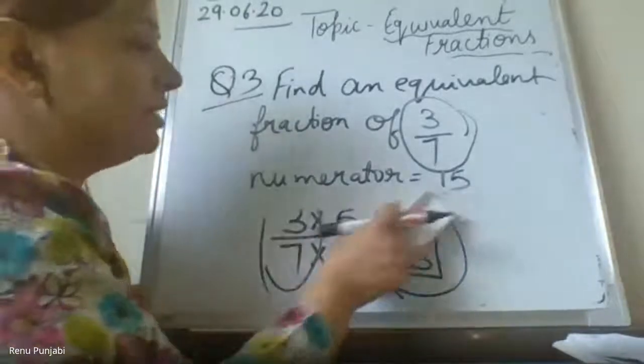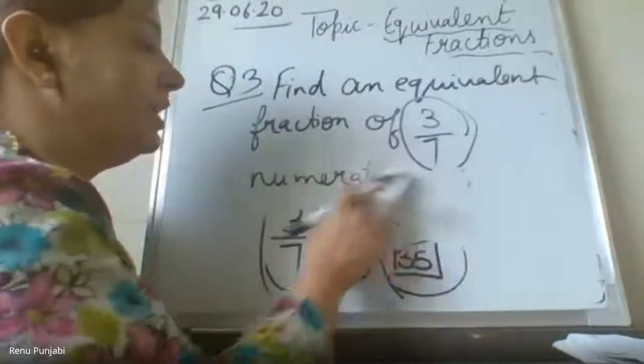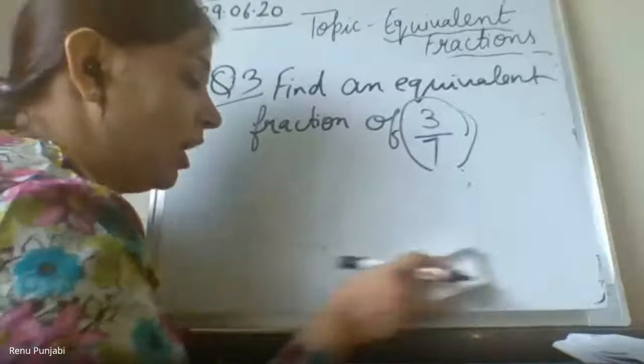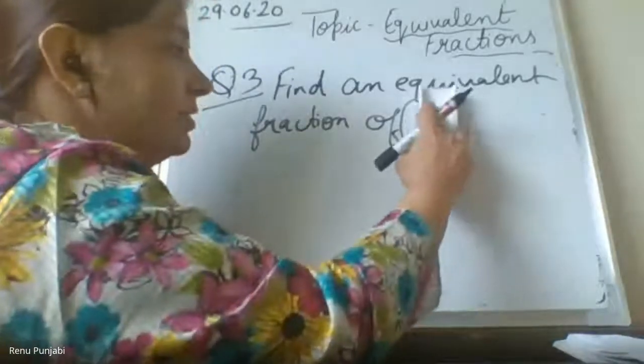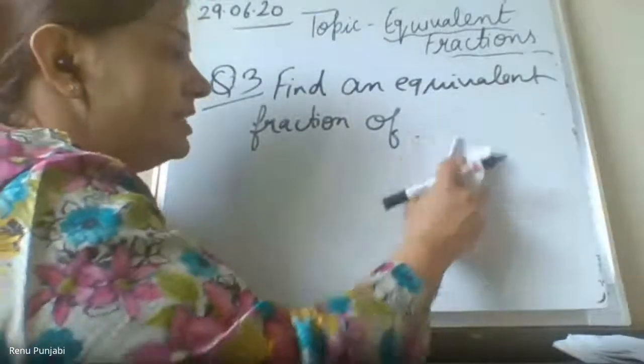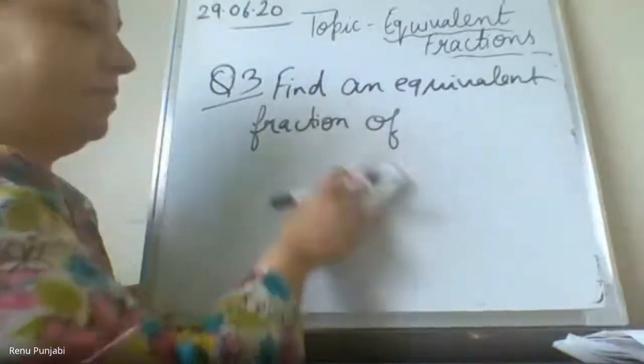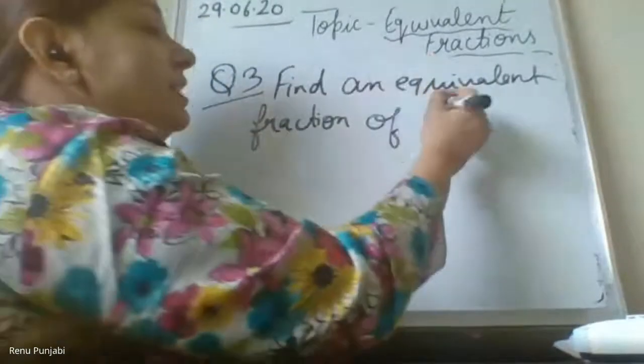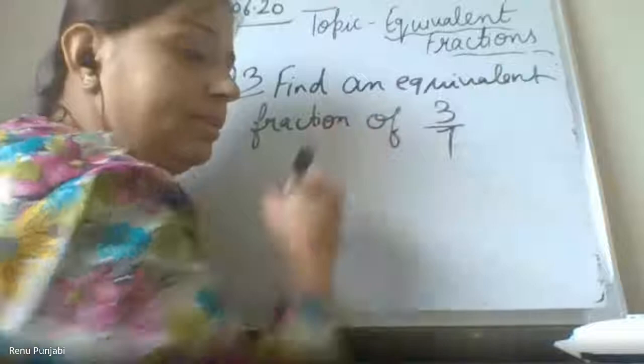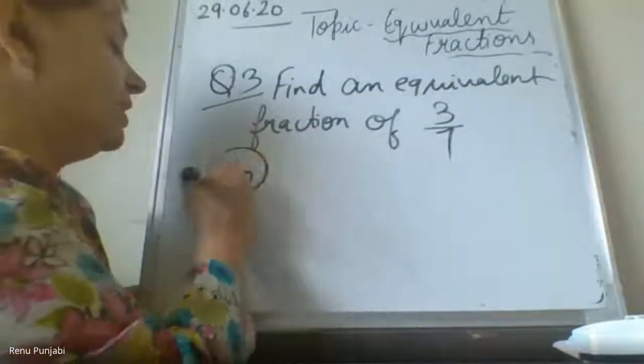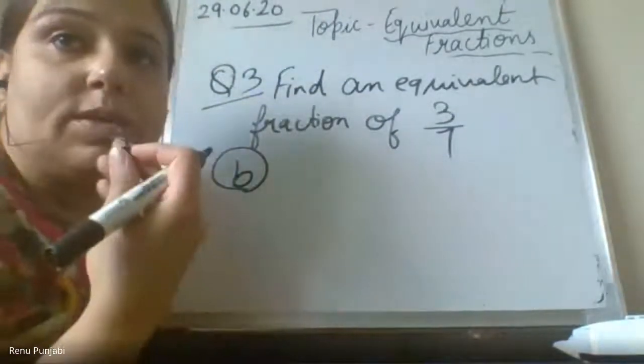Now our main sum is the same, 3 upon 7. Now the values which are given to us are different. So let us see what is given to us. Fraction is 3 upon 7. Now, the B situation; the A situation was where the numerator was given.